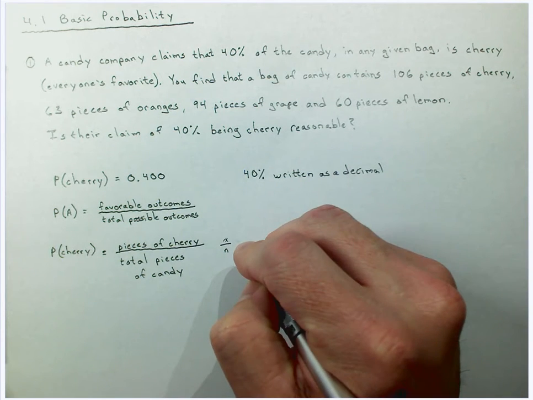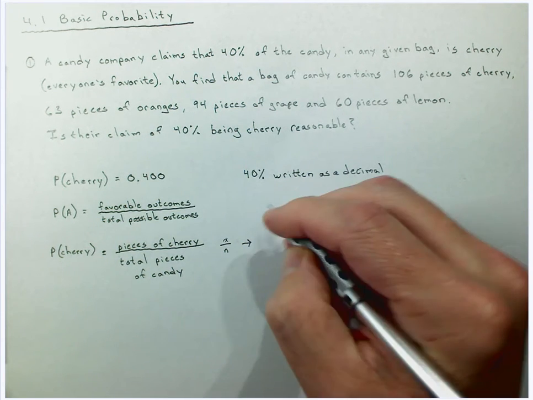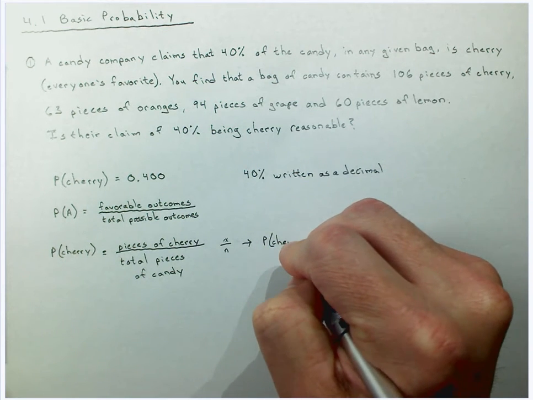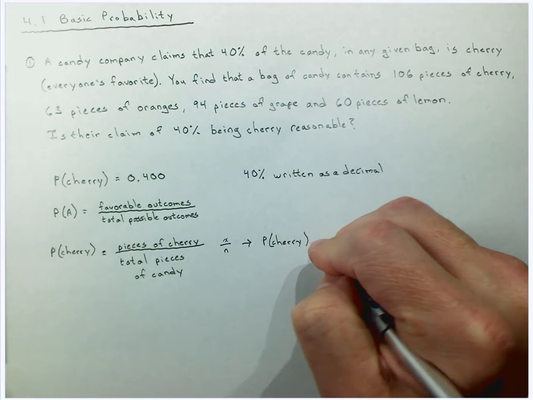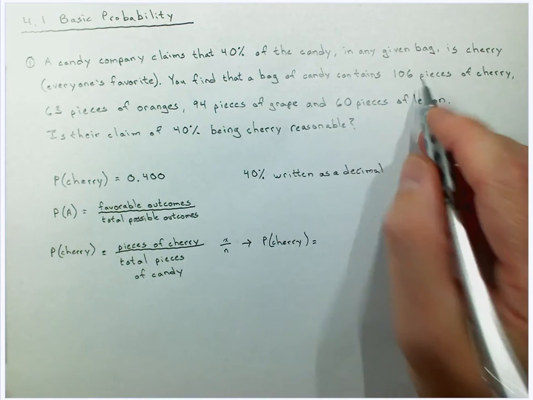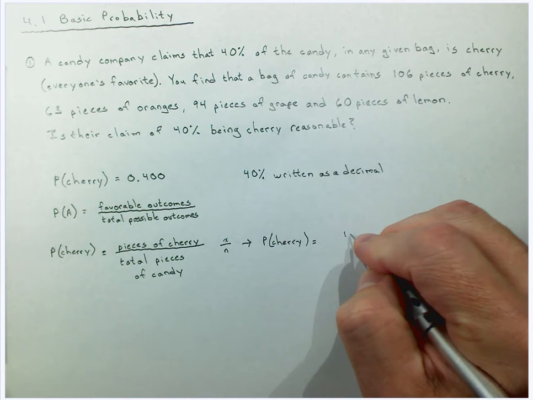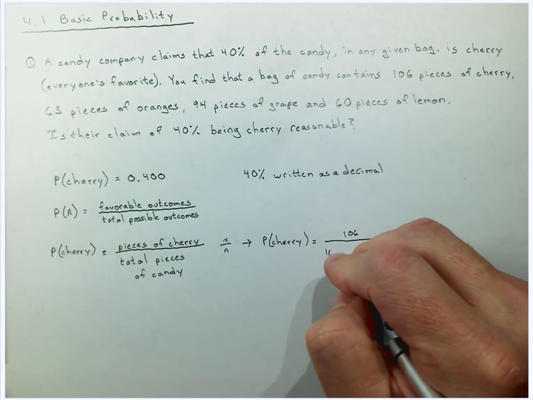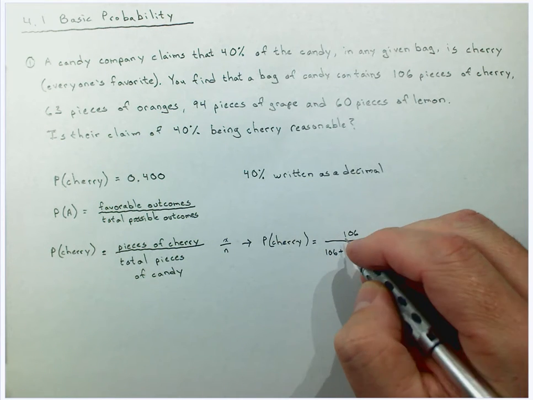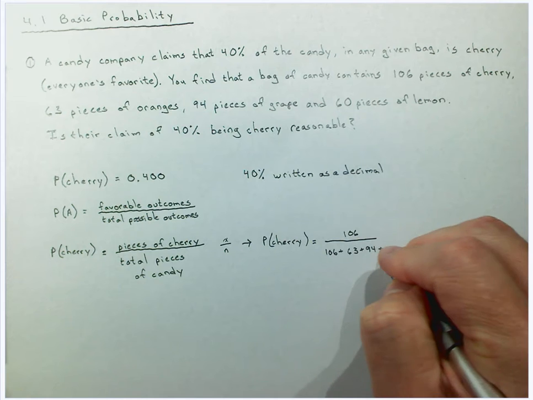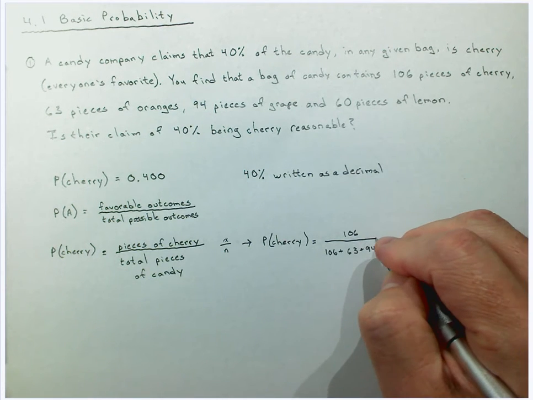So if I were to now replace those words with numbers, I have the probability of cherry being equal to, so my number of cherry pieces was 106, and then my total number is simply all of them: 106, 63, 94, and 60.